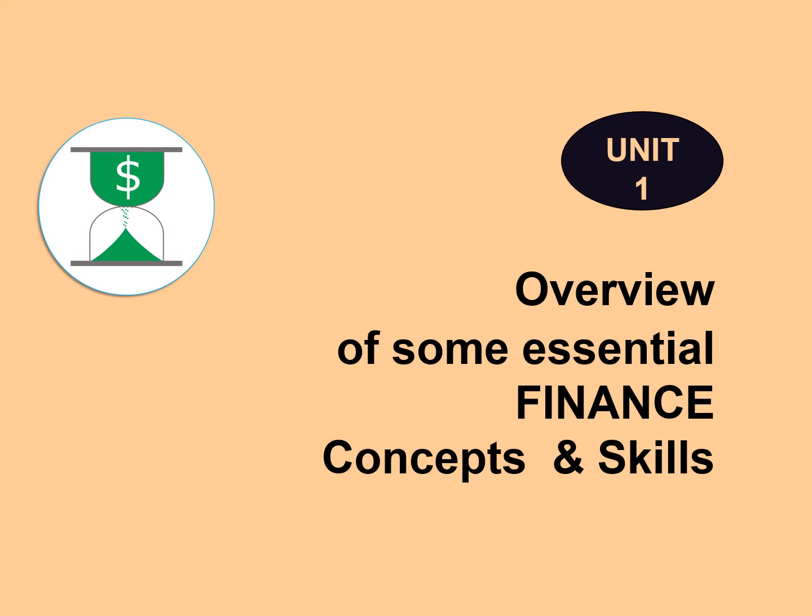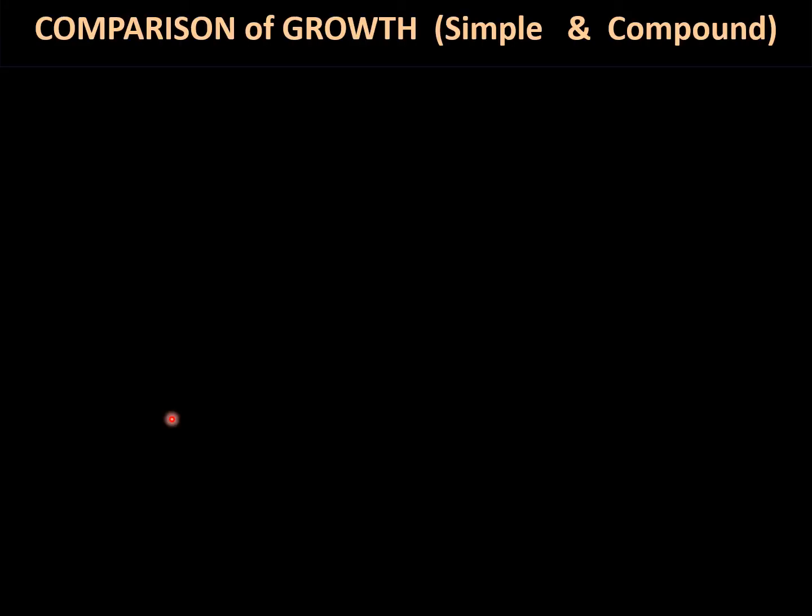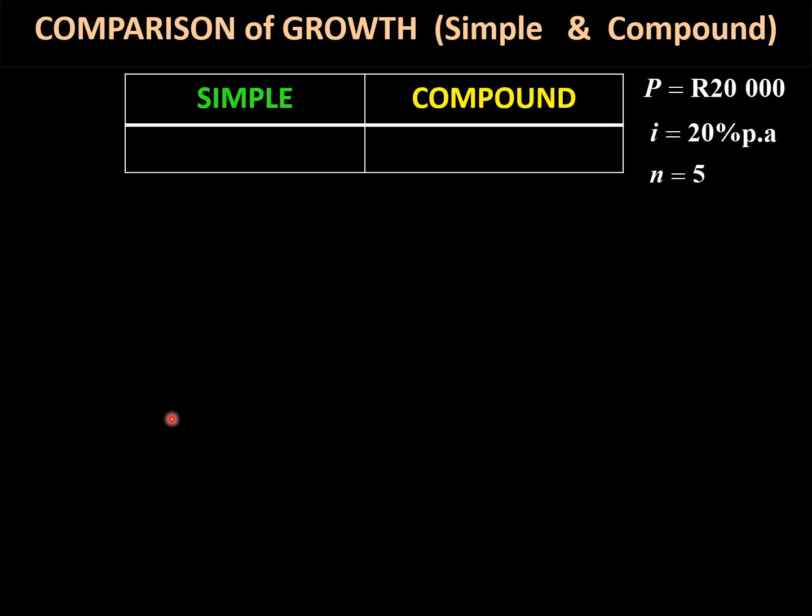Let's start with an overview of some essential finance concepts and skills. Let's start off with a comparison of simple and compound growth. Let's say for example we have 20,000 rand that is invested at an interest rate of 20% per annum over a period of, let's say, 5 years.